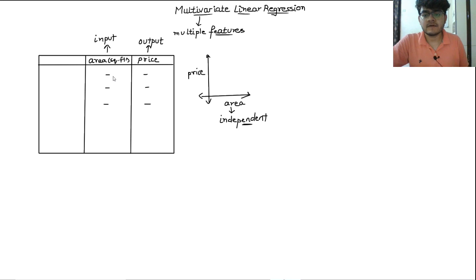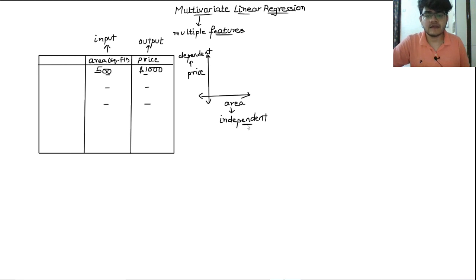If you have a house, let's say it is 500 square feet in area, it does not matter what the price is, the area will remain 500, but price is a dependent variable, so it depends on the values of area. So if I say that price is, let's say, $1,000 for 500 square feet area, then this price is dependent on the area.